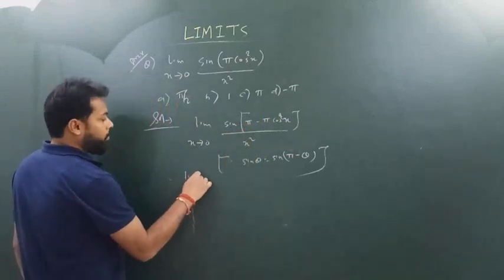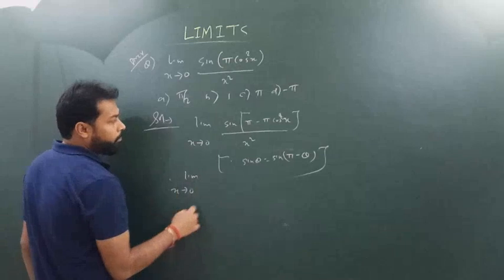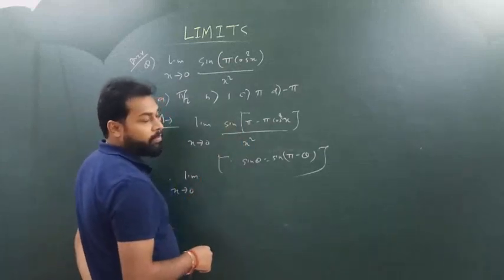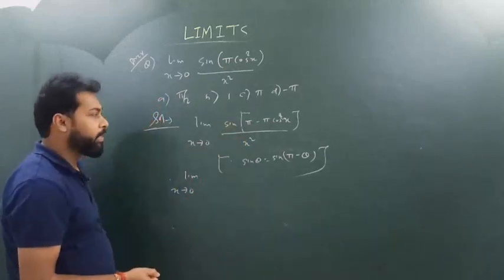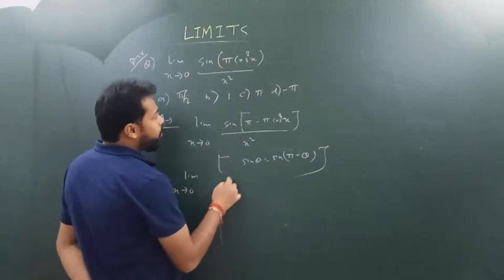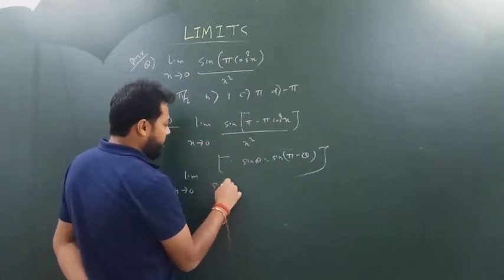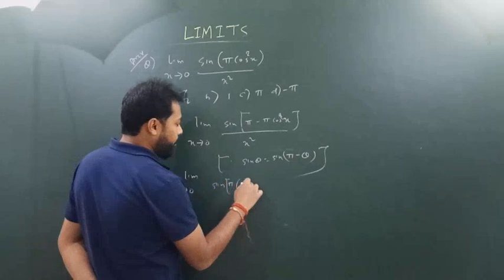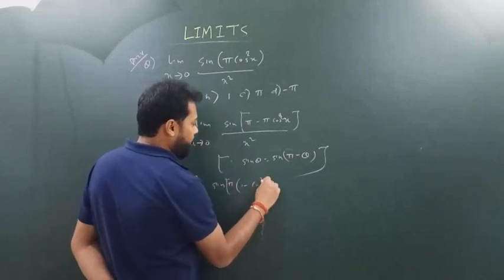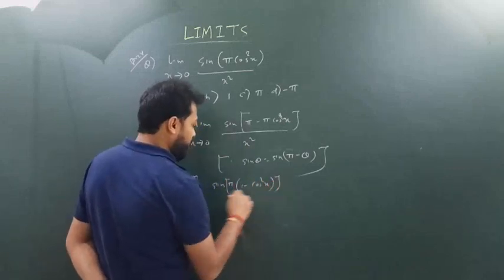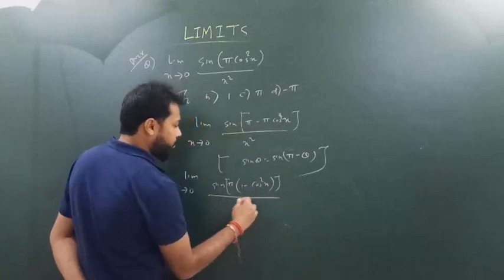So limit x tends to 0, sine of pi minus theta will become sine theta only. So this is sine of pi times 1 minus cos square x, divided by x square.